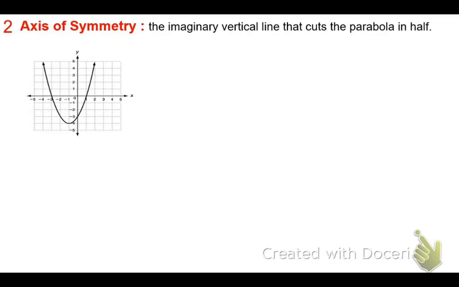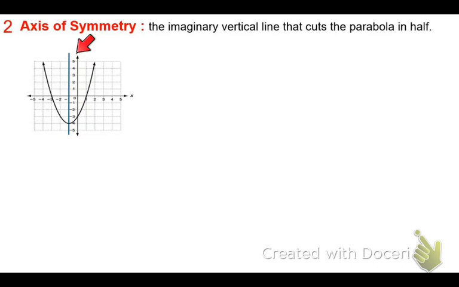So I'm going to show you. If I draw a line on this specific place, you will notice how we cut the parabola in half. Now, I want you to look at the parabola. This line, called the axis of symmetry, goes through the vertex.